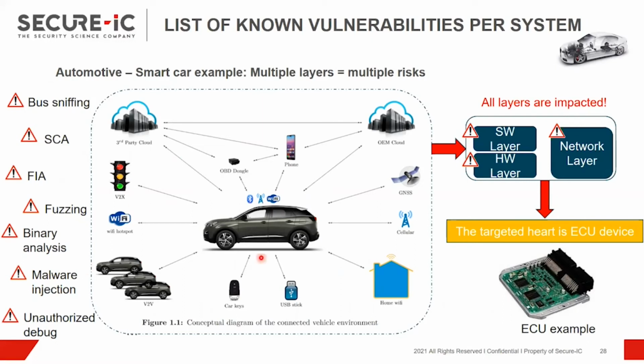So here you have an automotive system which is complex, that has a lot of connections with the rest of the system, V2X, the car, other vehicles, the phone of the user, etc. And so it means that all the layers of an automotive ECU can be targeted, software layer, hardware layer, network layer, and that multiple attacks can be applied on an automotive system.